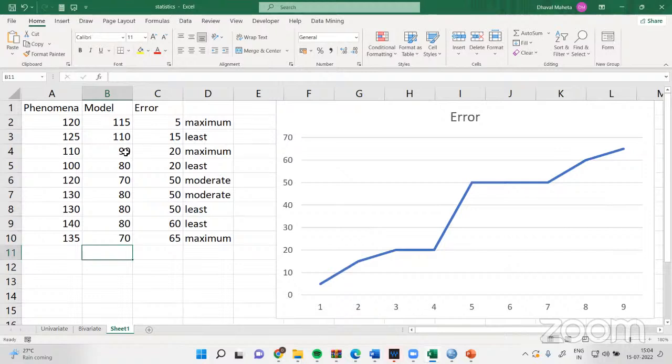Entire error on the positive side, one-sided error. Is it good? No. Or decreasing error, one-sided. Is it good or not? Tell me. No, sir.